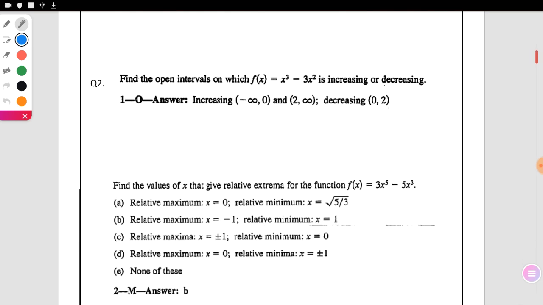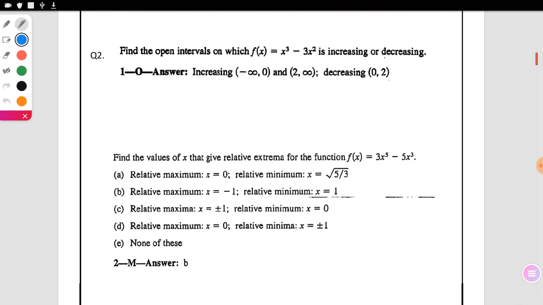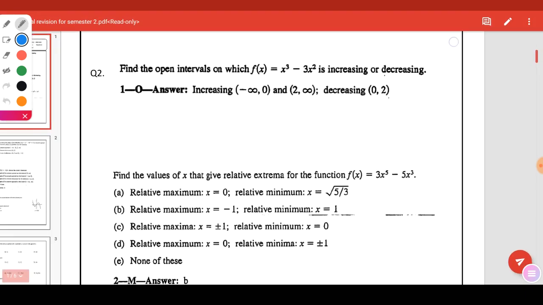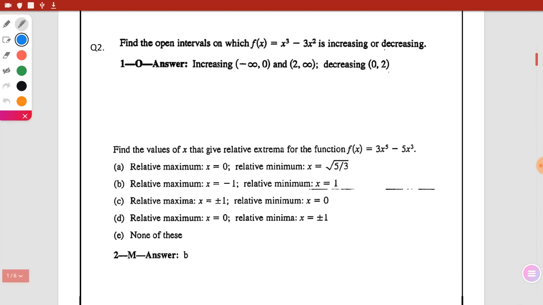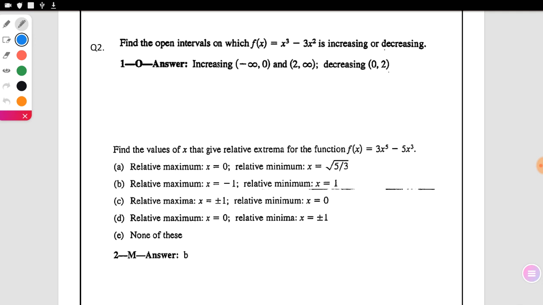Here for the second question, as you see, find also the interval in which this function is increasing or decreasing. The given function in this case is a polynomial function, and as you know, the domain of the polynomial function is all real numbers.